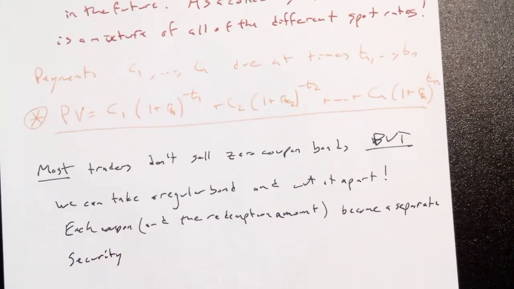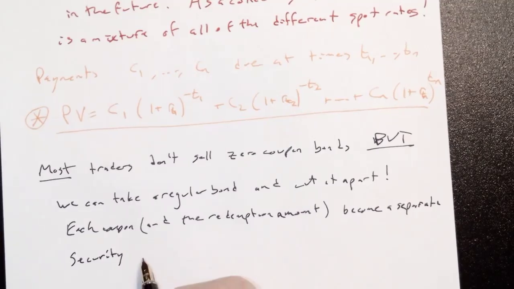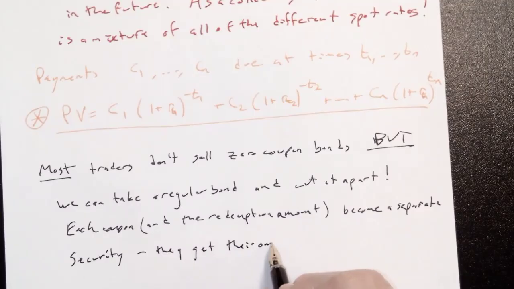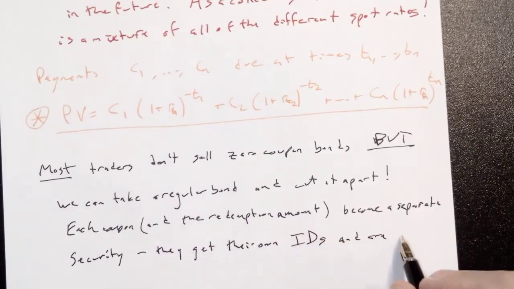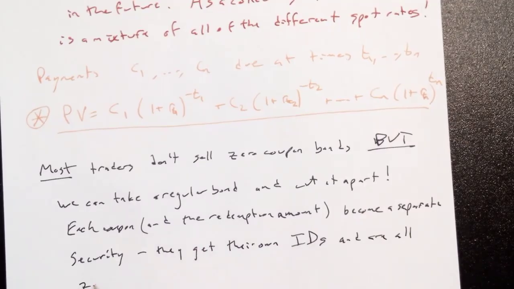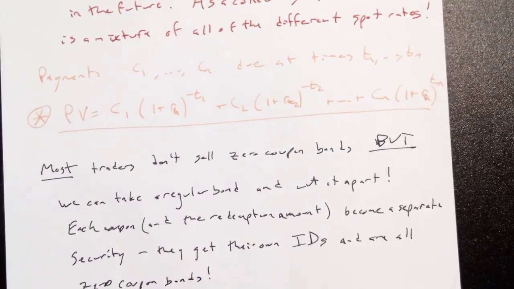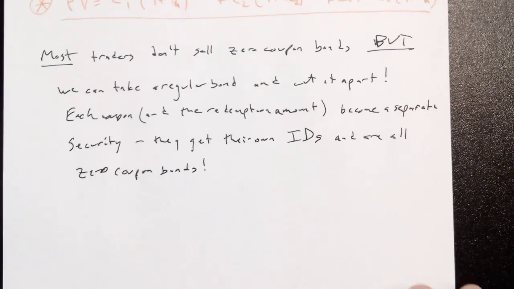They get their own ID numbers and they're all zero coupon. And that's, for the most part, the way you get at zero coupon bonds.